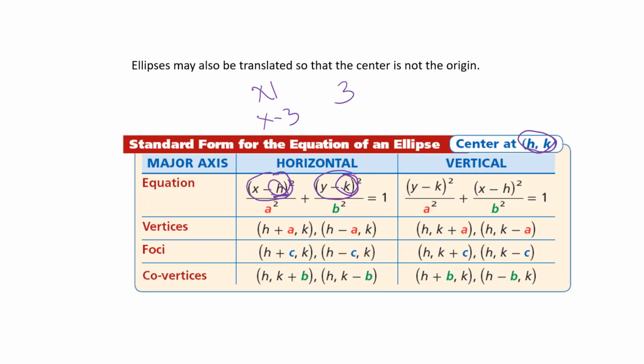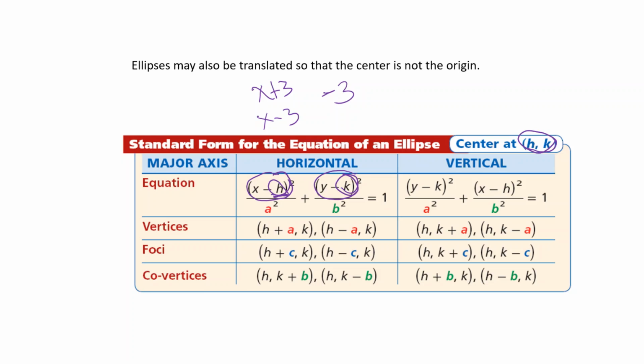If the problem said x plus 3, I would ask what number makes that 0? Negative 3. So then the h in that case would be negative 3. Whichever way, I just like to look at it that way. If you can understand it the other way, then that's fine.